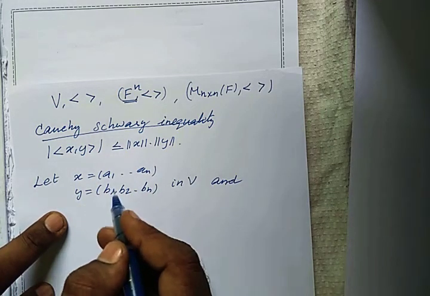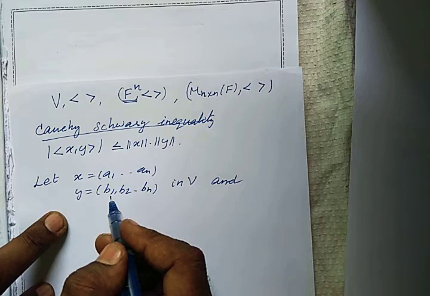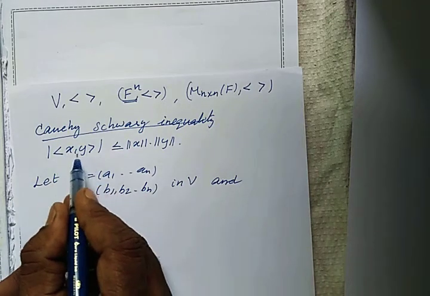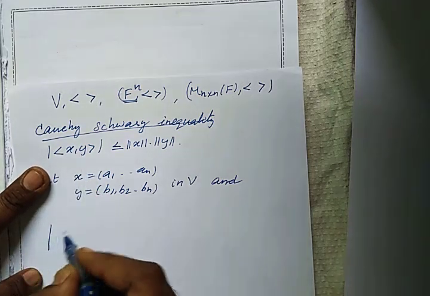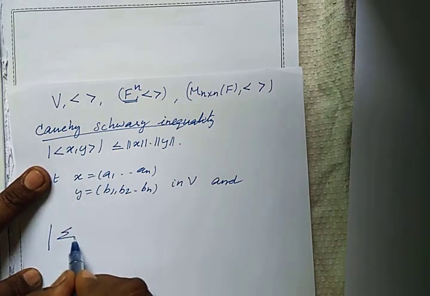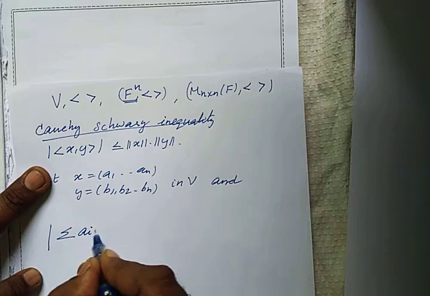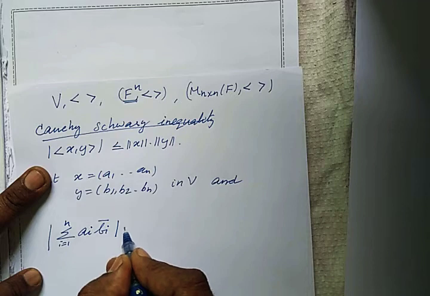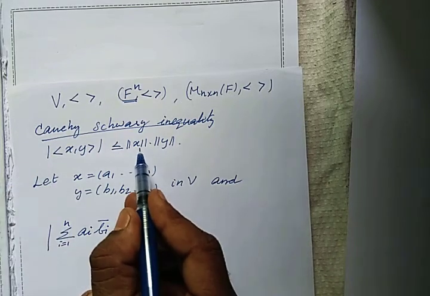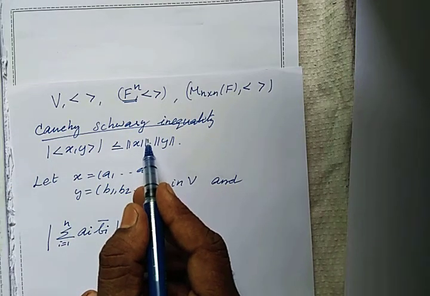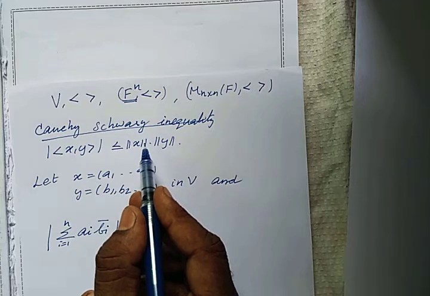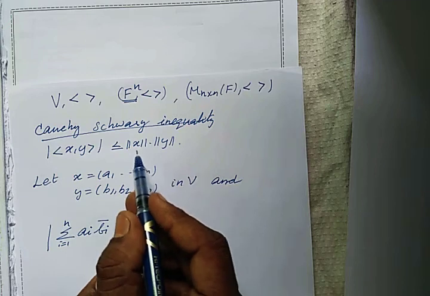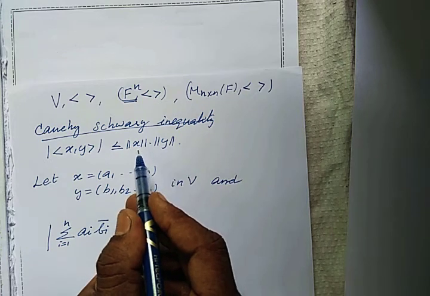Here the inner product we know. What is the inner product? The standard inner product, summation ai bi bar. So the left hand side will be modulus of summation ai bi bar, i runs from 1 to n. This is less than or equal to norm x into norm y. Norm x square means we don't need the square root, but norm x means we need the square root, the square root of inner product of x comma x.